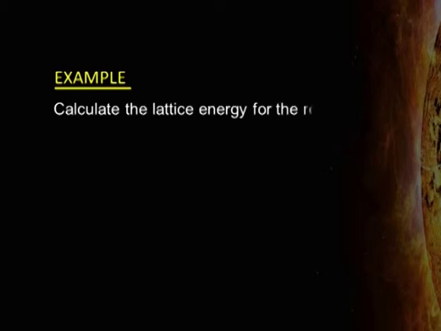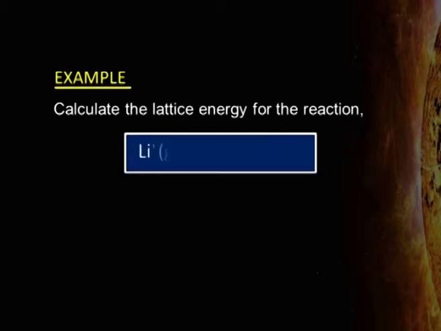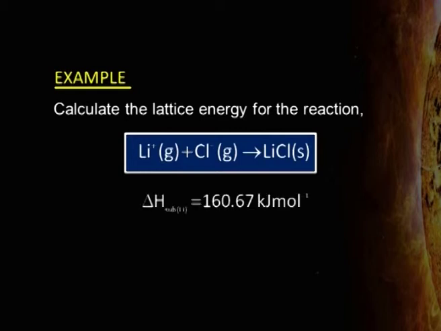Calculate the lattice energy for the reaction lithium plus gaseous chlorine ion, Cl minus gaseous, giving you lithium chloride solid. The given data is delta H sublimation for lithium is equal to 160.67 kilojoules per mole. Half of dissociation energy for chlorine is equal to 122.17 kilojoules per mole.